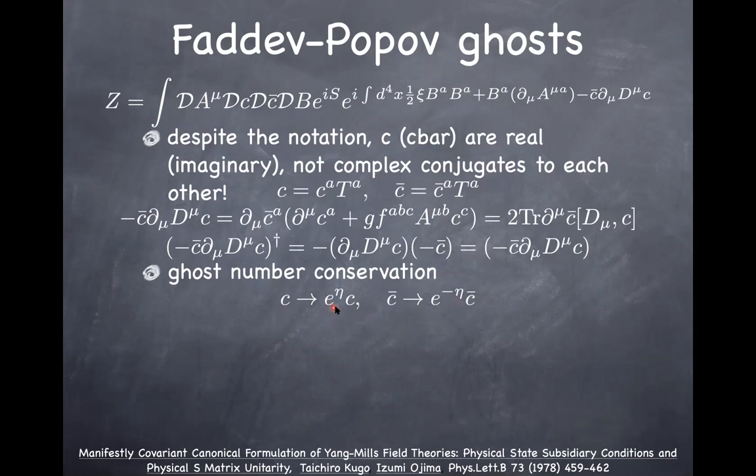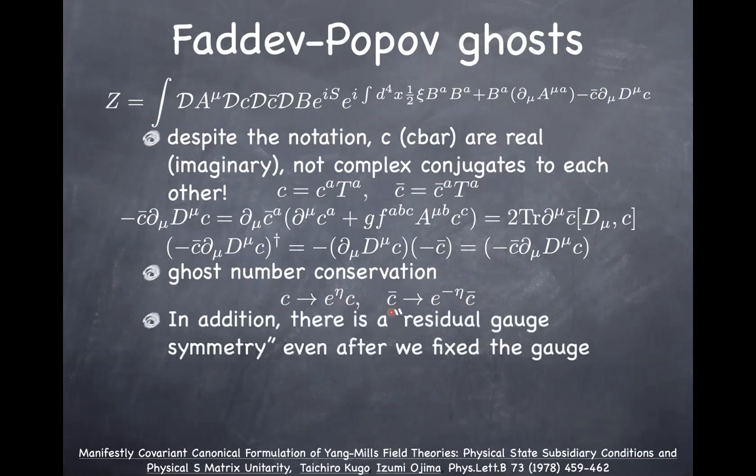C changes to e^η C, C̄ changes to e^(-η) C̄, and because e^η and e^(-η) are just numbers, they cancel between C and C̄ in the Lagrangian. So this is a symmetry, which leads to a conservation law, the conservation of the ghost number. It turns out that your Hilbert space can be decomposed into states of fixed ghost number, and that actually turns out to be useful later on.